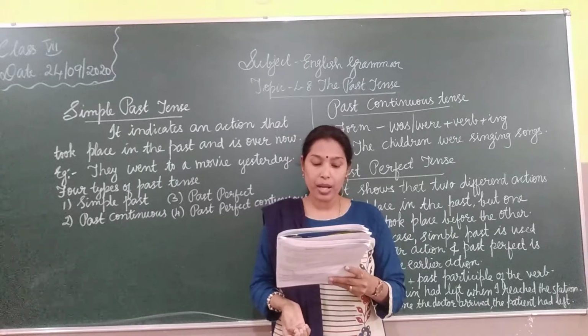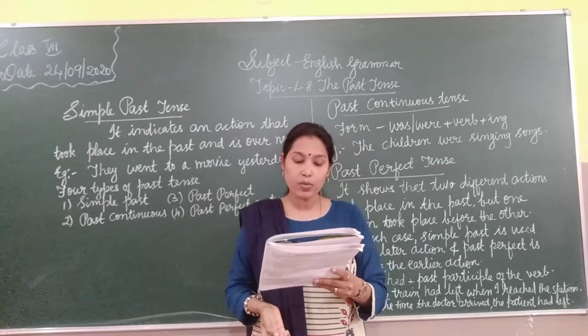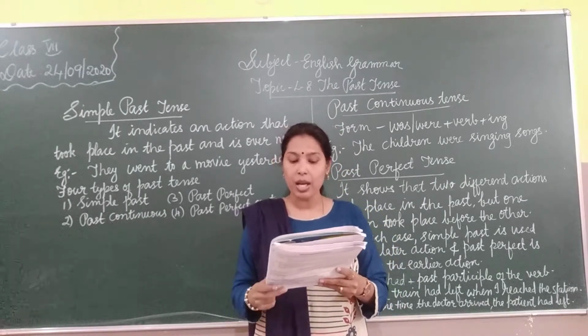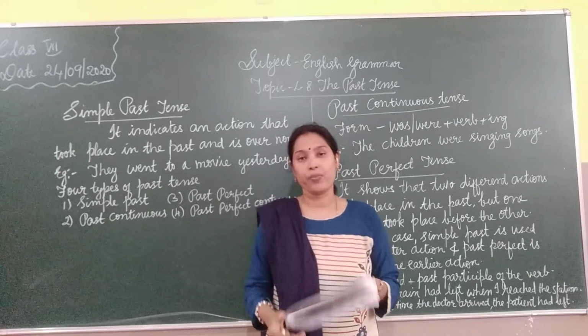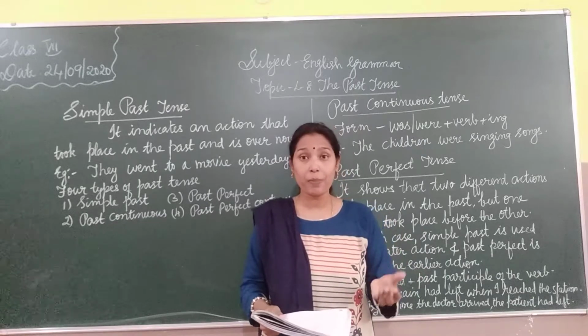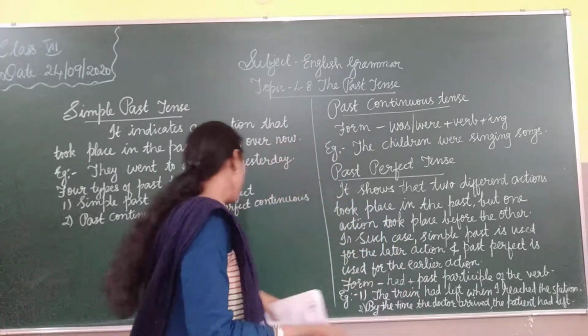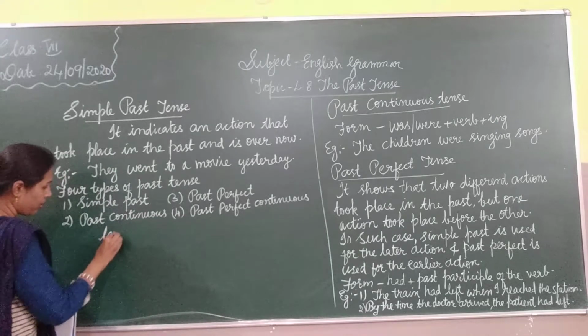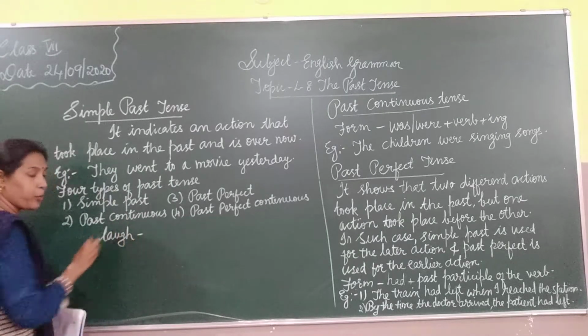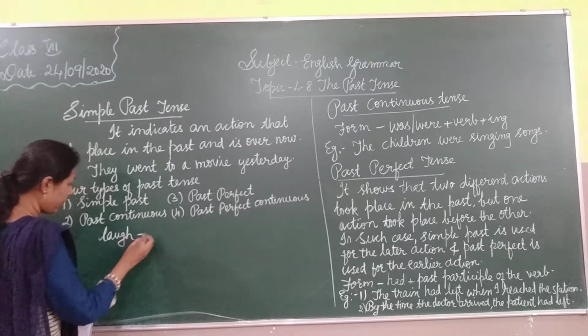Next, the simple past form of the verb. Most verbs form the simple past by adding ed or d at the end. How can we form the simple past form of the verb? From the base verb, for example, laugh. You have to add just ed.